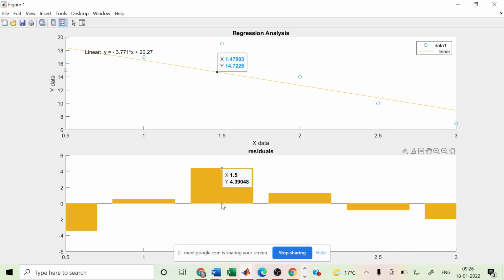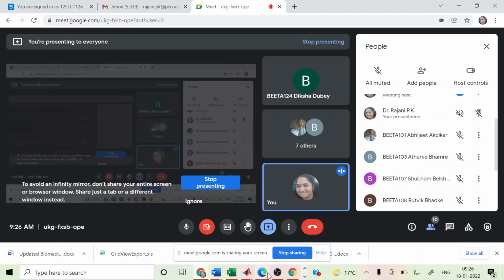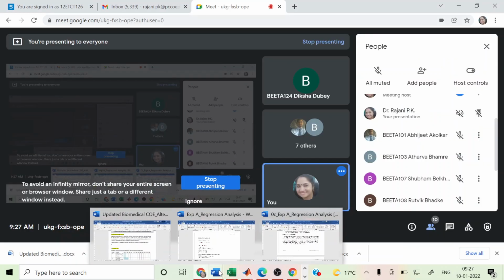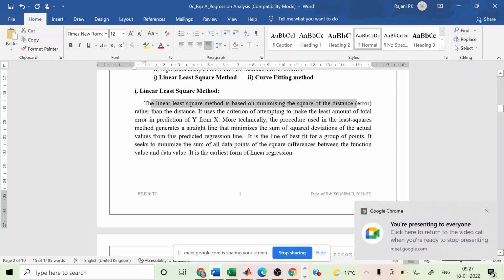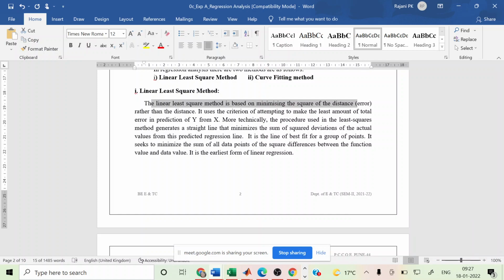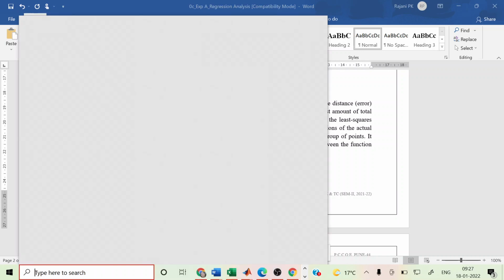Instead of saying that, now we are saying that there is a least square method in which we are going to take the square of that deviation. By taking the square, the error will be minimized. Now I'm going to discuss the concept of how the square minimizes it.